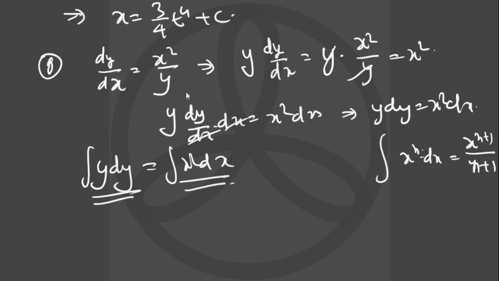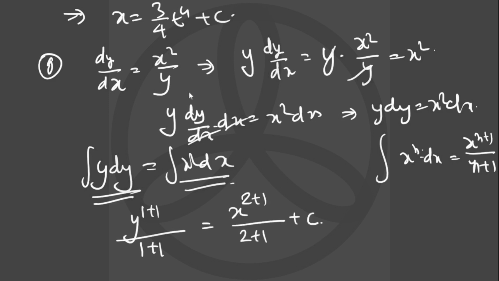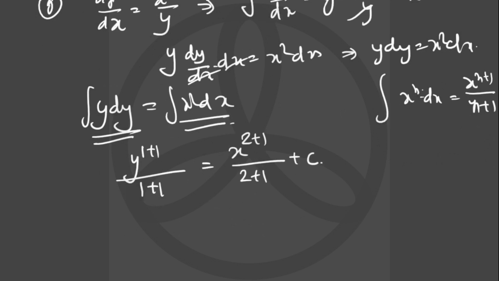On left hand side we will get y to the power 1 plus 1 divided by 1 plus 1, and on the right hand side we will get x to the power 2 plus 1 divided by 2 plus 1 plus a constant of integration c. So we get y squared over 2 is equal to x to the power 3 divided by 3 plus c. I think this would be the answer for this particular problem.